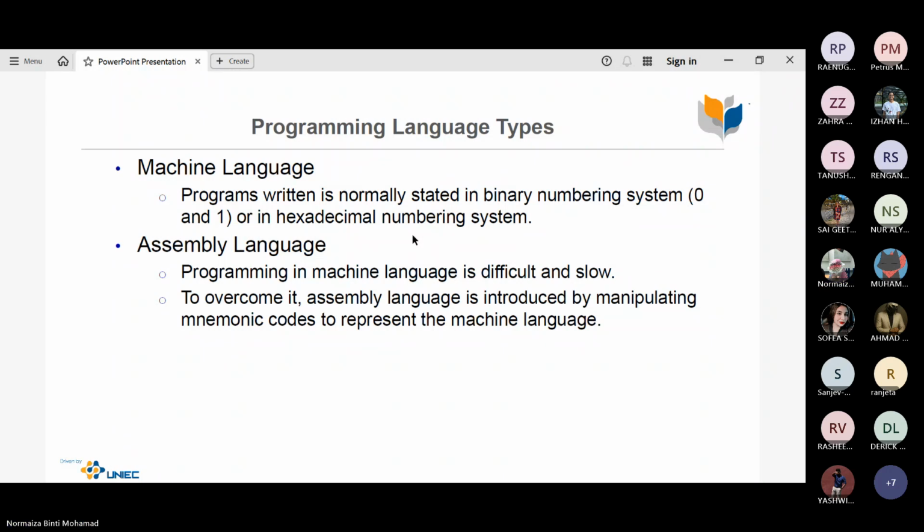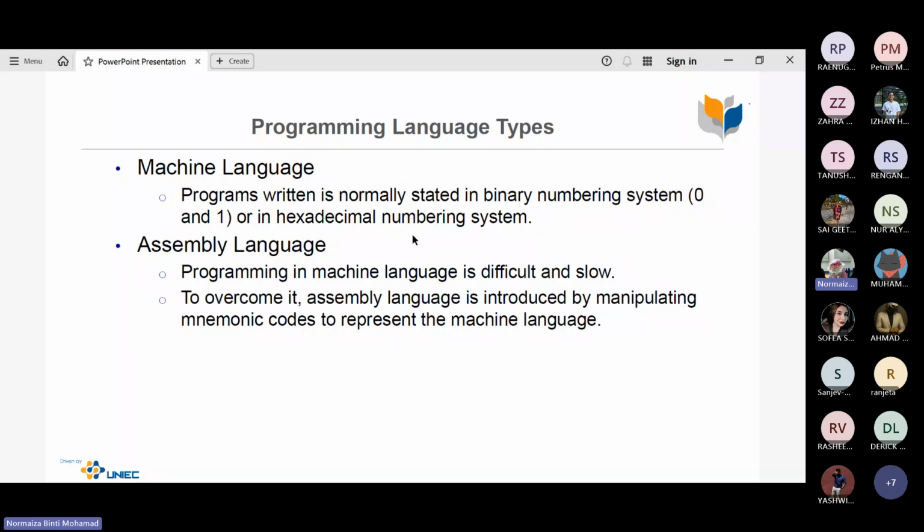The hexadecimal is the 16 numbering system: 0 until 9, and then A, B, C, D, E, F. If you have taken script math, you know how to convert from binary to hexadecimal and hexadecimal to binary.